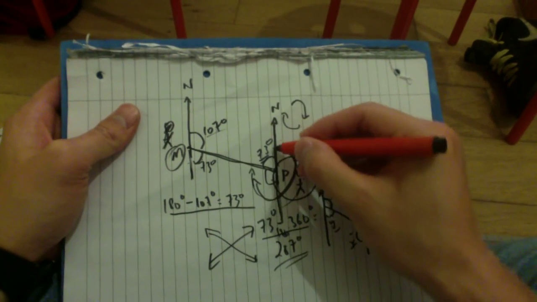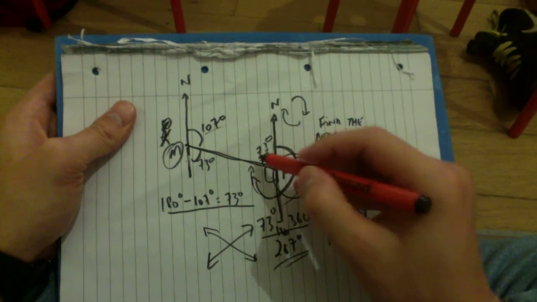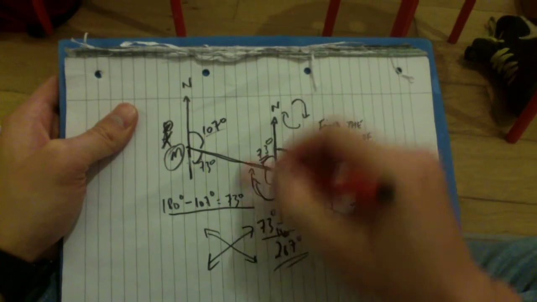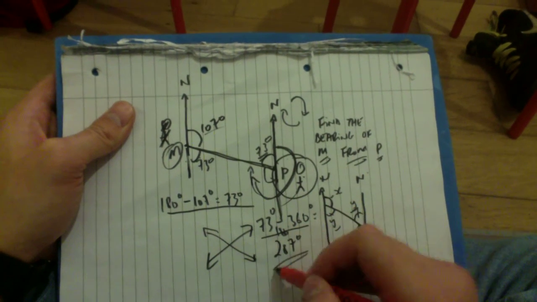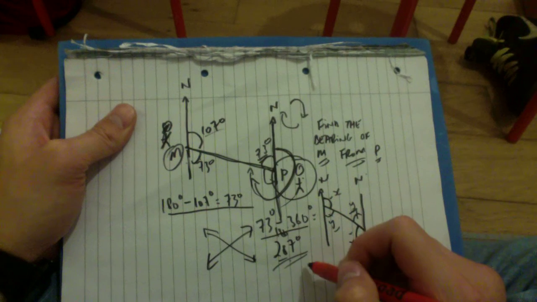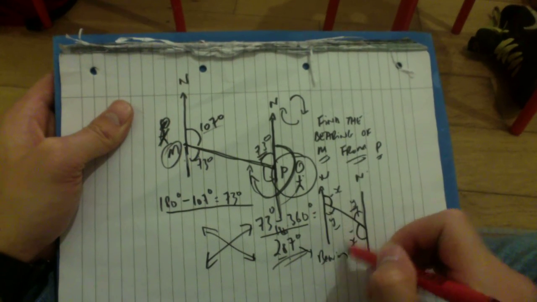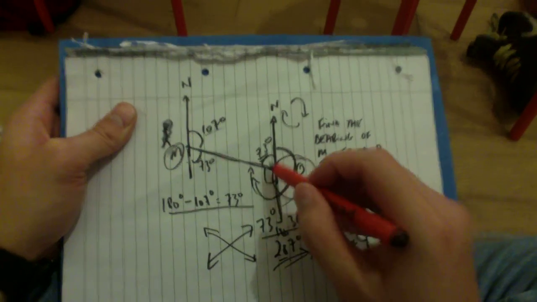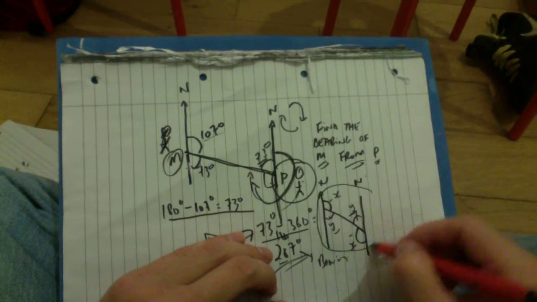So when you rotate clockwise, and remember 73, you've got to think of this as only a slice in a big pie, okay? And so you're going to take 73 minus 360, that will give you 287 degrees, and that is the bearing of P to M. Okay, really important you remember this.